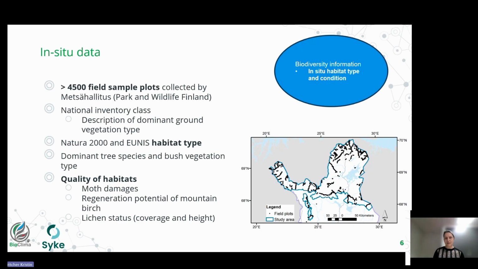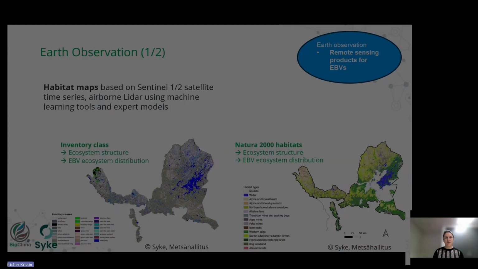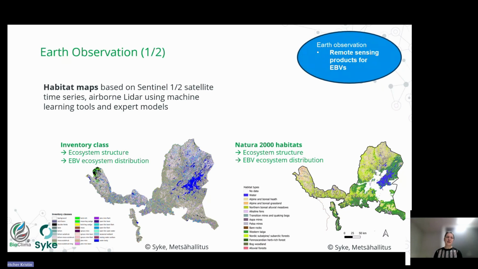And this information has then been used together with satellite data to provide habitat maps using Sentinel-1 and 2 satellite time series, airborne LiDAR data, and machine learning tools, as well as expert models. You can see in the figures here the inventory classes that were mapped out over the whole area, as well as the Natura 2000 habitat types.